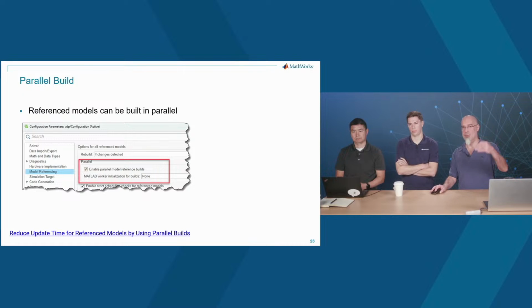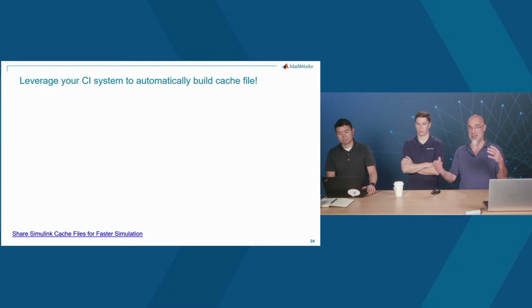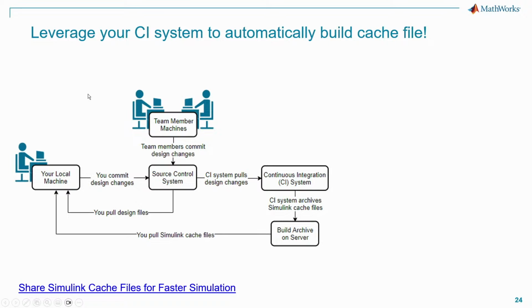The next step to escalate after that is to leverage your CI system. More and more companies have nice CI, continuous integration setup those days. I like this picture from our documentation. Think about that. You have a big model that contains 100 or 1,000 reference models. For yourself, it's very likely that you will work on only a small number of those. You make your change.